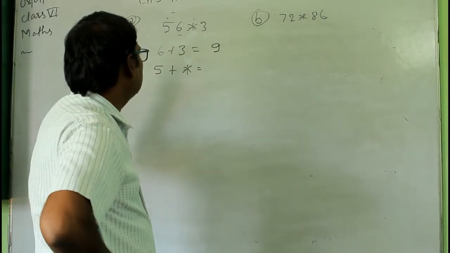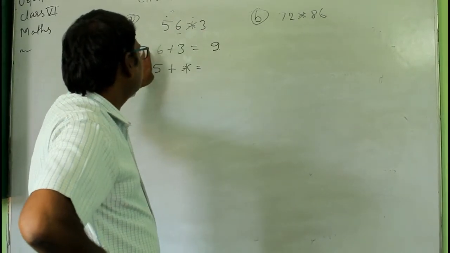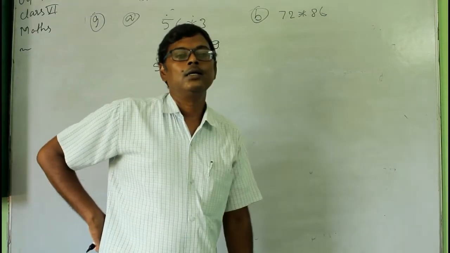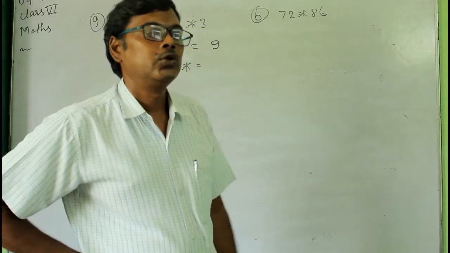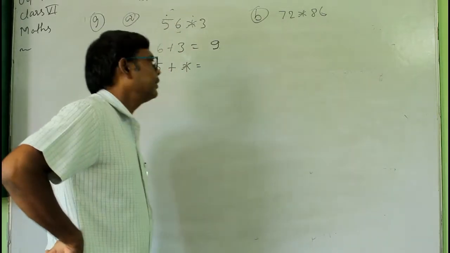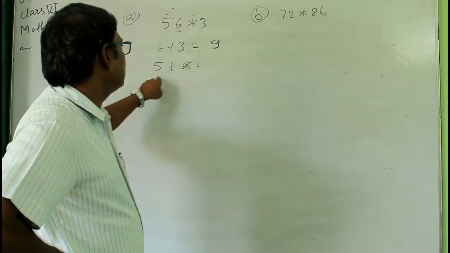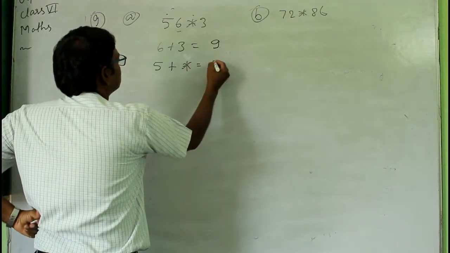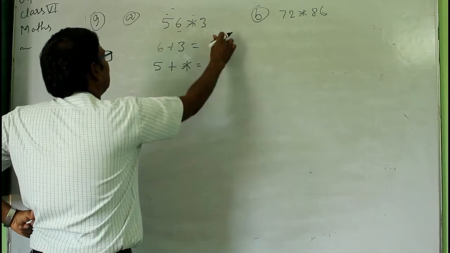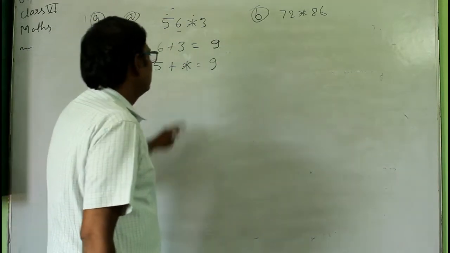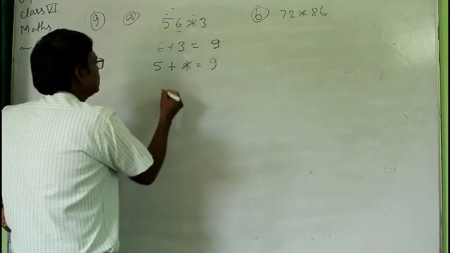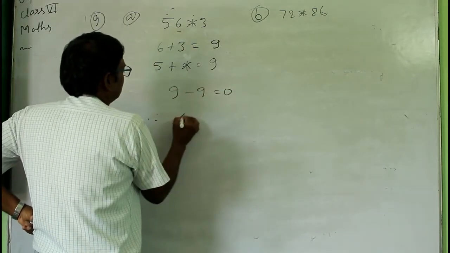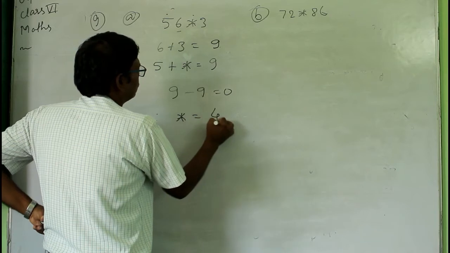The condition is that the difference of the sums of the alternate digits must be equal to 0 or a multiple of 11. So see here that if you write 9 in this place, suppose it is 9 here, so 9 minus 9 equal to 0, and therefore star will be equal to 4 here.